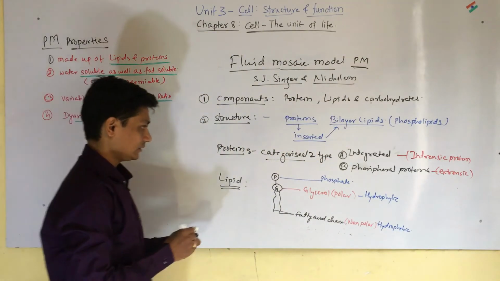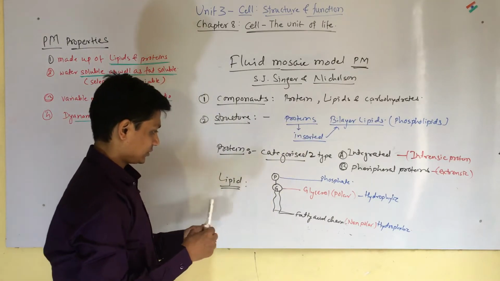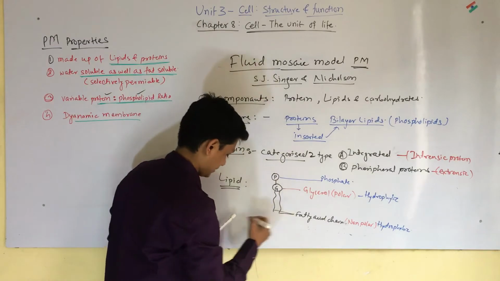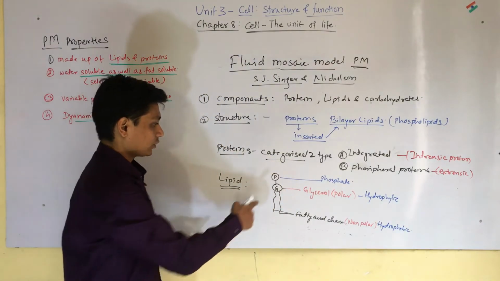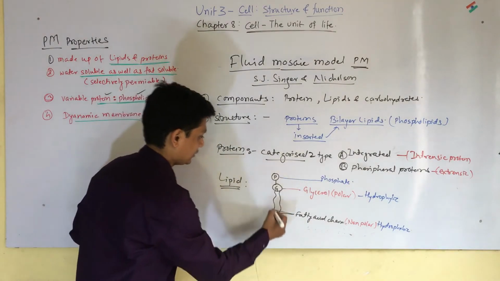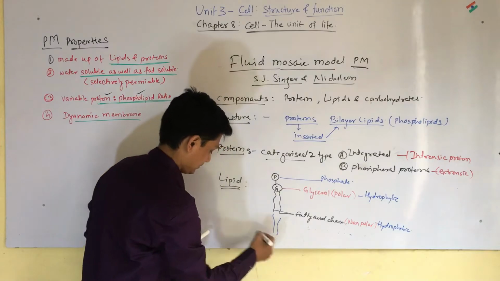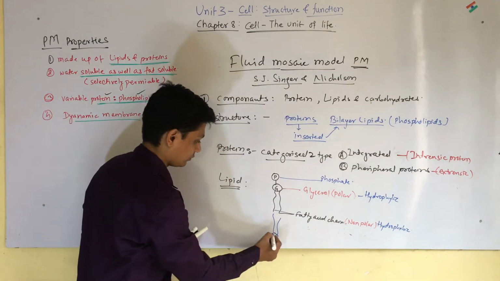And this lipid is a bilayer lipid, so the structure is like this. The phosphate part or head part or polar part is away from each other like this. This is glycerol and this is the phosphate group.